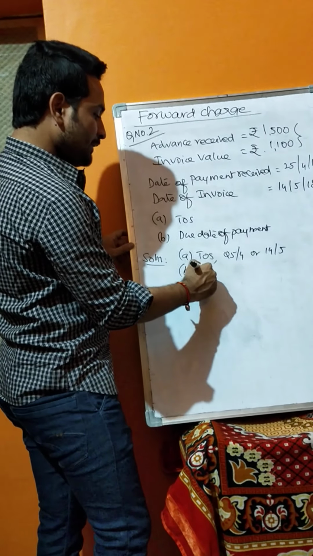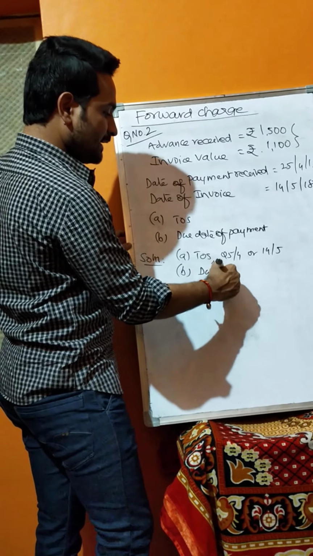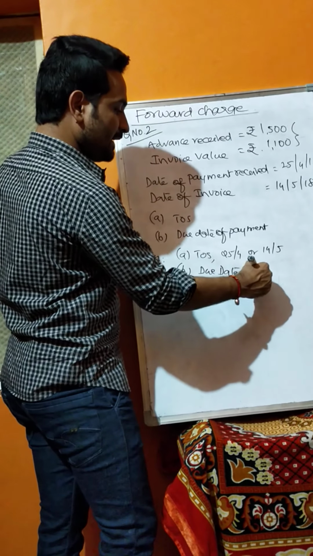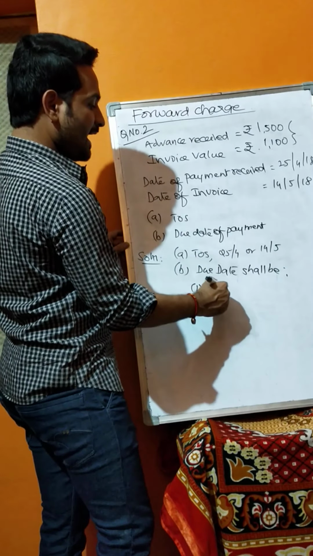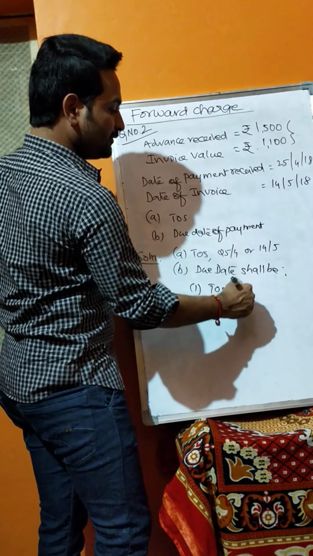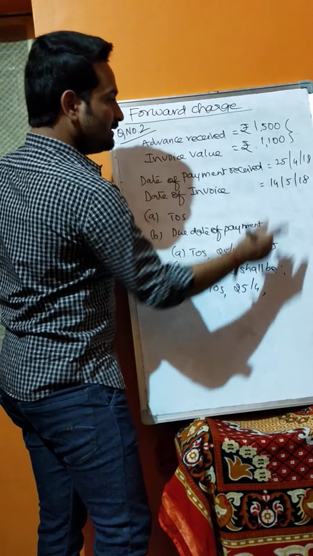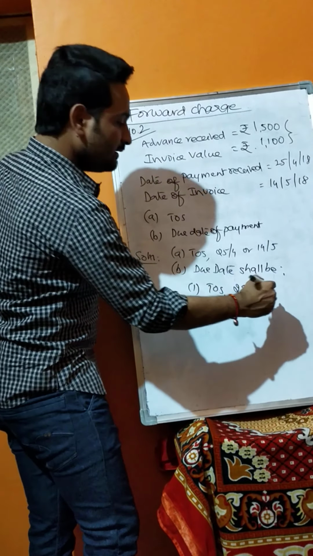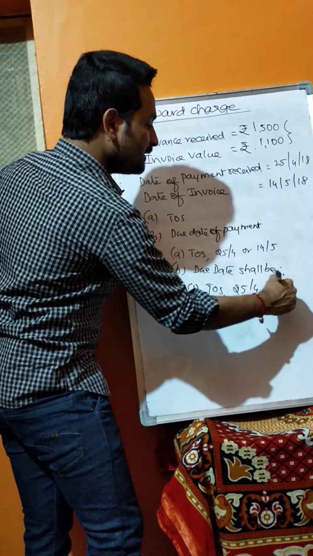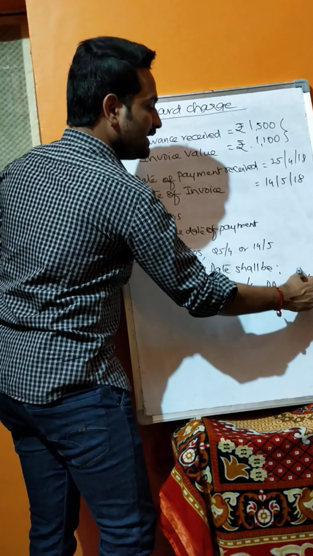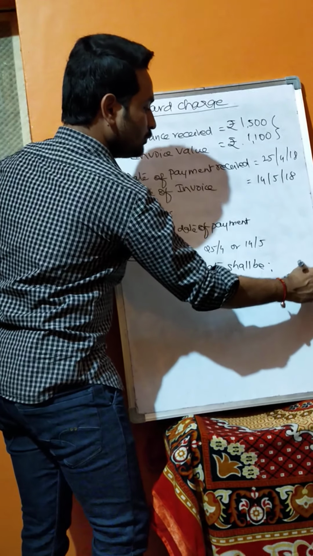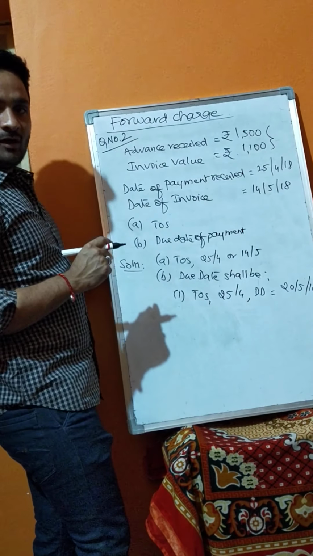Then the due date shall be, if they are taking the time of supply as 25th April, this is in the month of April, so we need to take 20th May 2018 as the due date for tax payment.